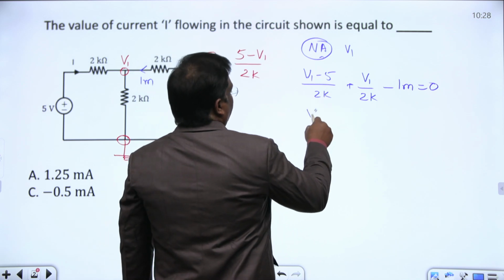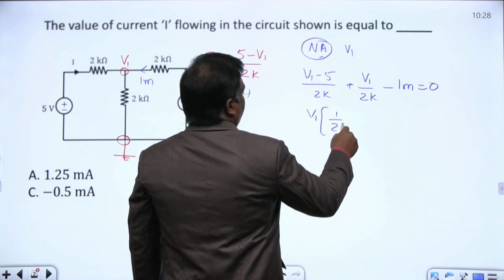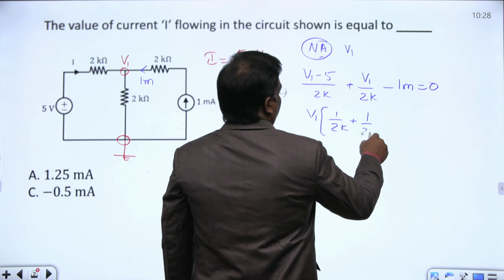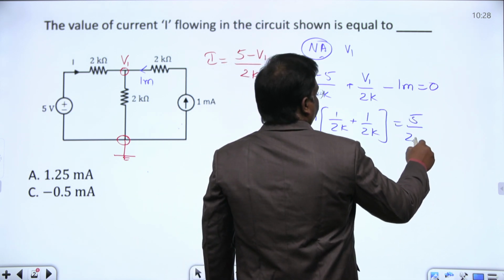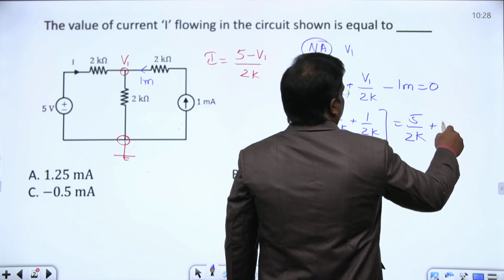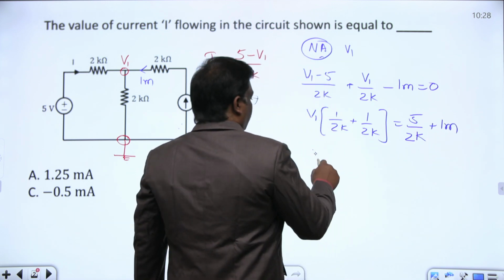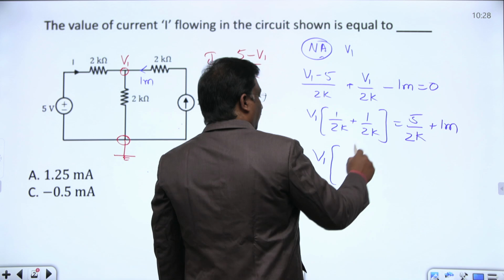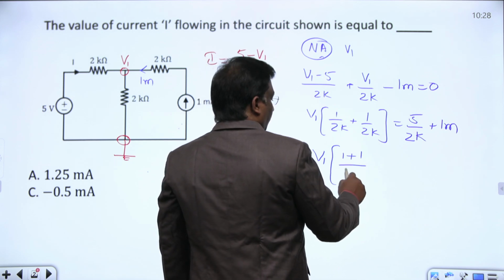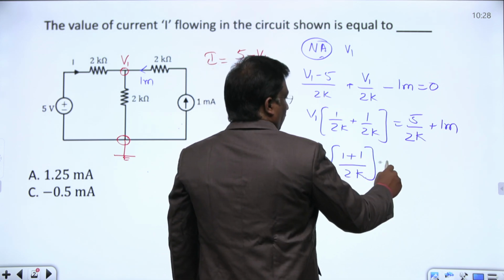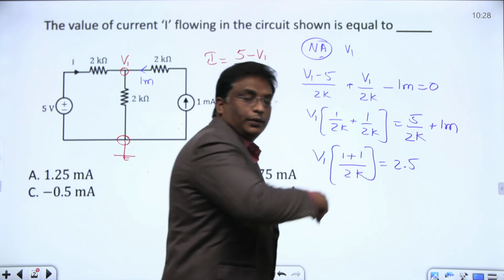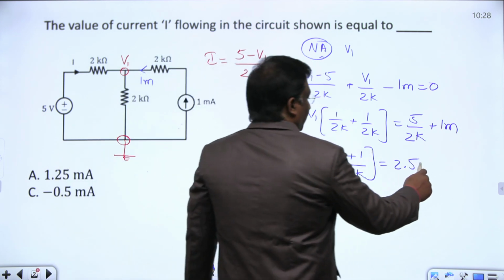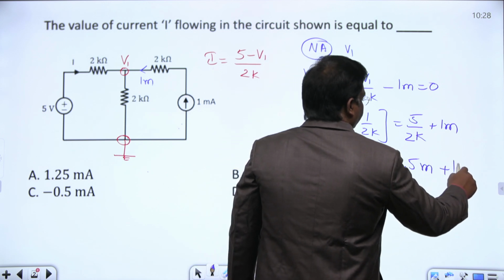Here V1 into 1 by 2k plus 1 by 2k is equal to 5 by 2k plus 1 milliampere. Therefore V1 into 2k, 1 plus 1, divided by 2k, equal to 2.5 kilo in the denominator; when it goes to the numerator it becomes milli, plus 1 milli.